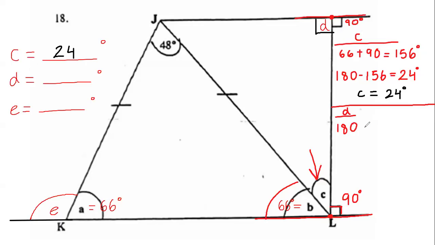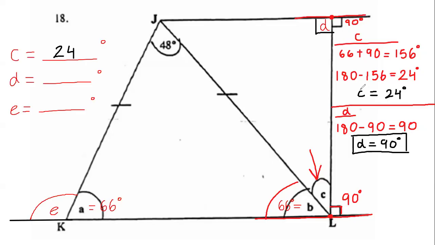So we do 180 minus 90, okay? And that gives us 90 degrees. So D is equal to 90 degrees. So that's how we do it.